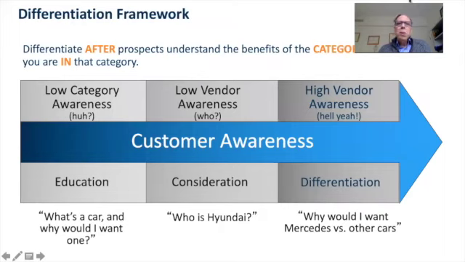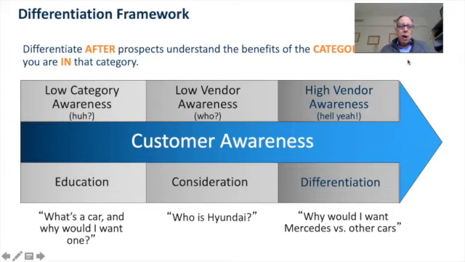The time to focus on differentiation, which is the key variable here, is after a prospect understands the benefits of the category of solution and after they know that you are a member of that category. So if they don't even know what your kind of thing is, don't try to differentiate on your specific one.